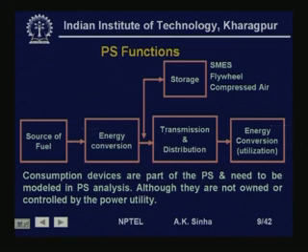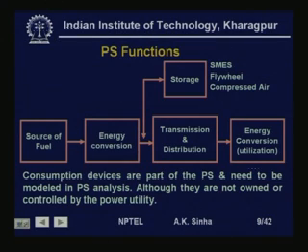Well, what does a power system consist of, starting with the source of fuel. It can be different kinds of fuel that we have. It can be either the potential energy of water, or it can be the chemical energy stored in coal or oil. It can be the solar energy. It can be various kinds of sources of energy that we have.